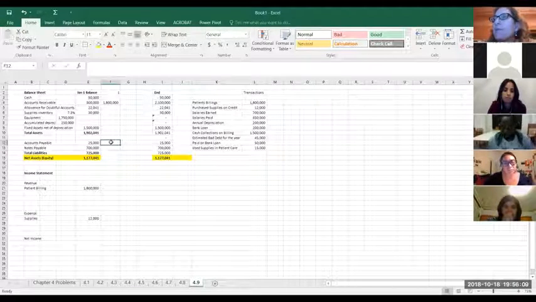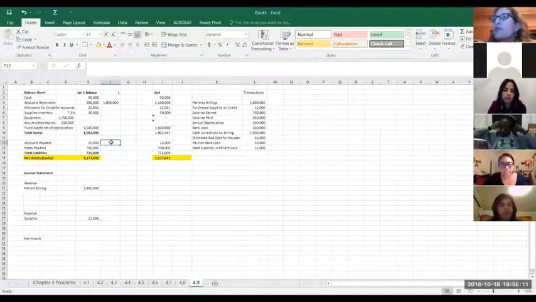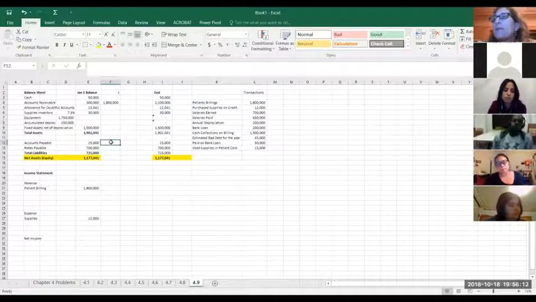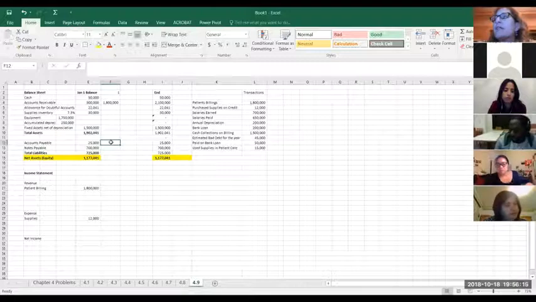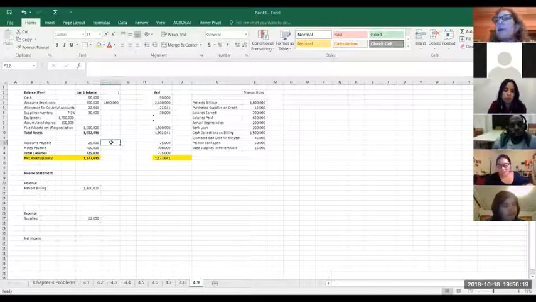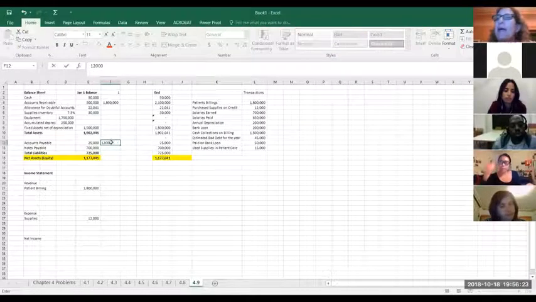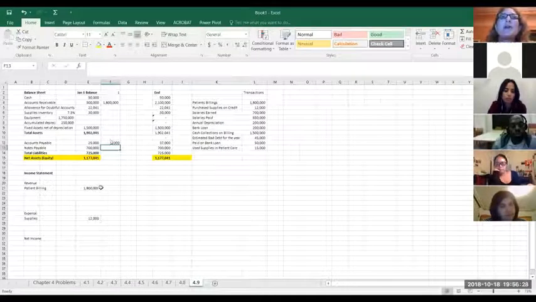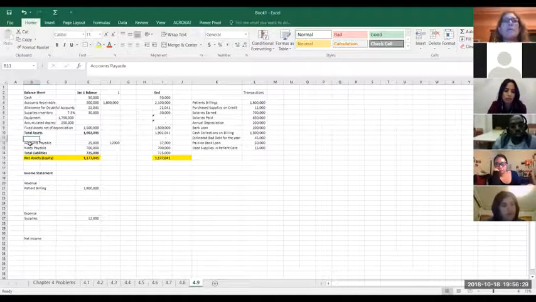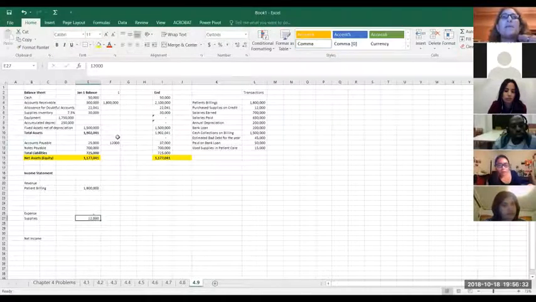We'll have to pay it later. It's our short-term payables. So every time we buy something and we say, hey, just invoice me for it, and then we get the invoice and we have to pay it in 30 days. So that's what goes there. We're buying it on credit, and so we have to put it in our accounts payable. So it's basically one of our expenses and accounts payable, right?